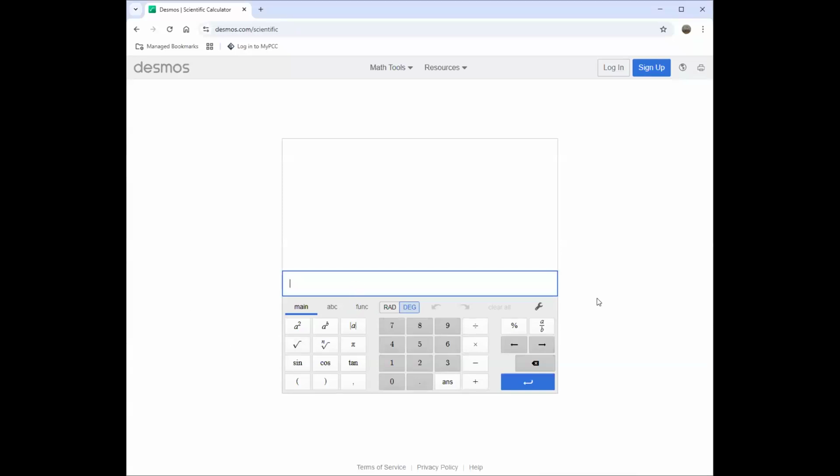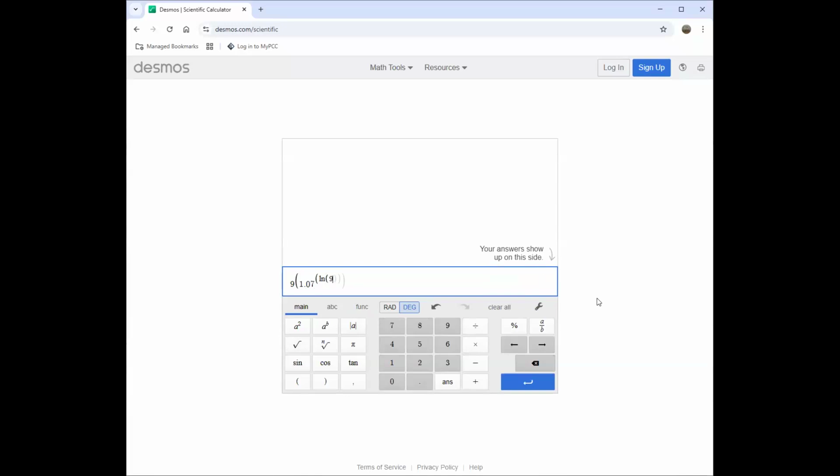I'm going to type this into Desmos. I got 9 times 1.07, and all raised to, and of course this is the natural log of 9/12.